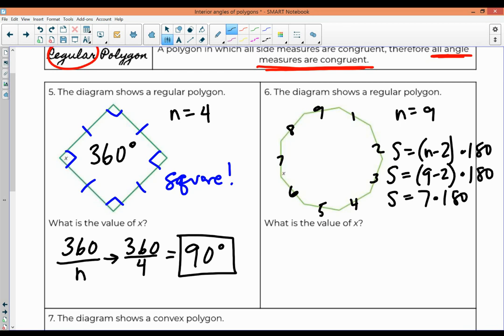7 times 180 is 1260. So that's the sum of the whole thing.